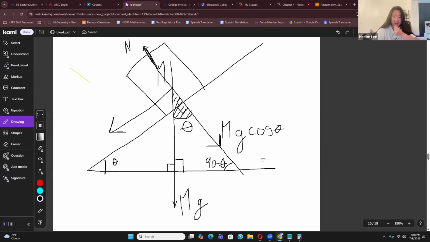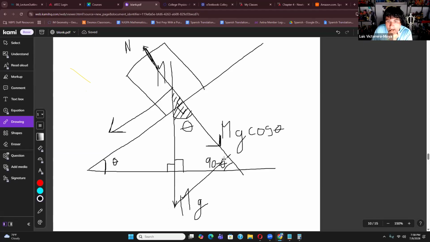Wait, sorry, could you say where's the hypotenuse of the triangle we're taking it from? This is the hypotenuse. And this vector here could go here. So hypotenuse, adjacent, opposite. And this is the hypotenuse.